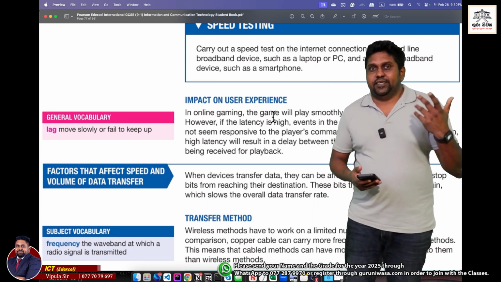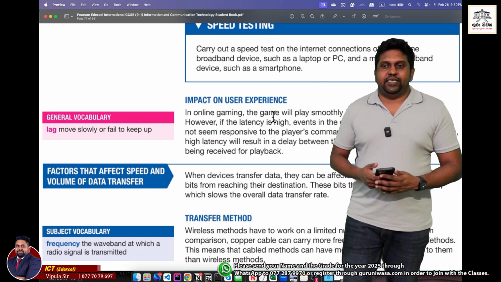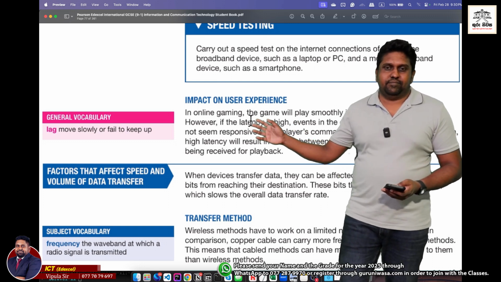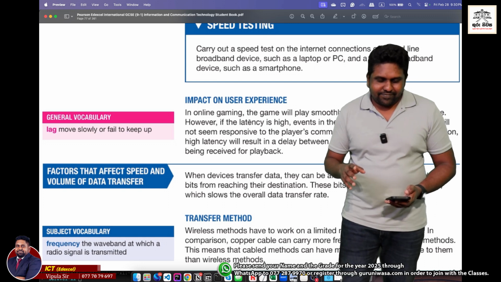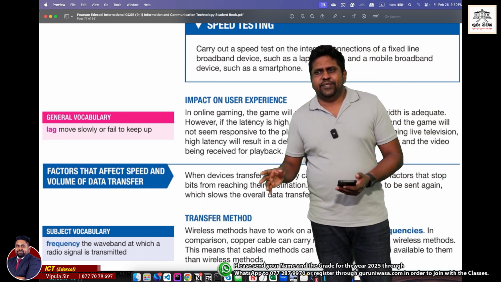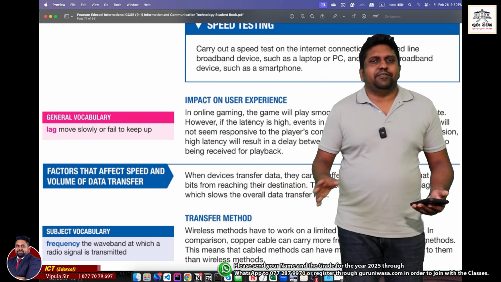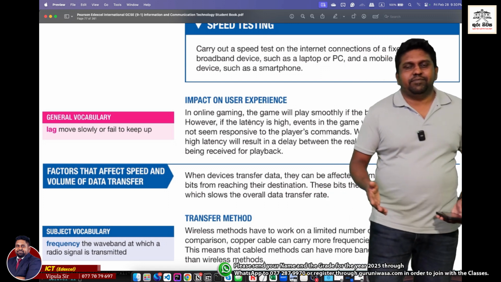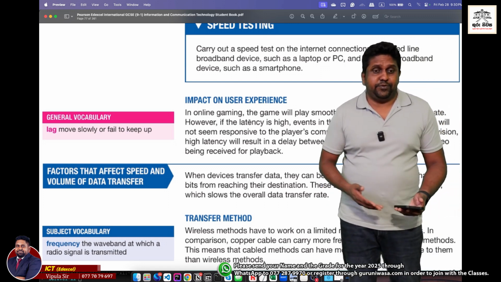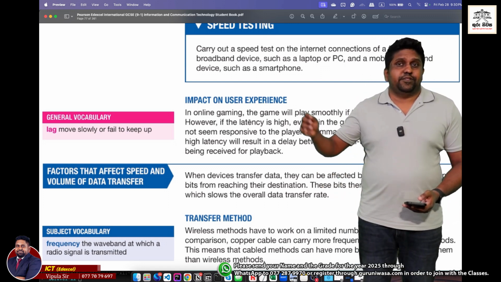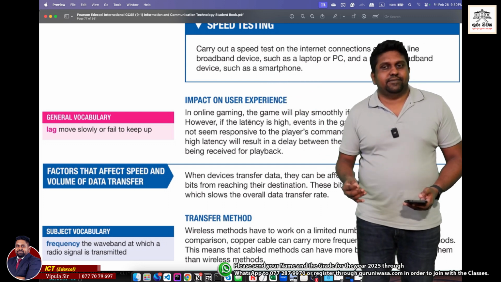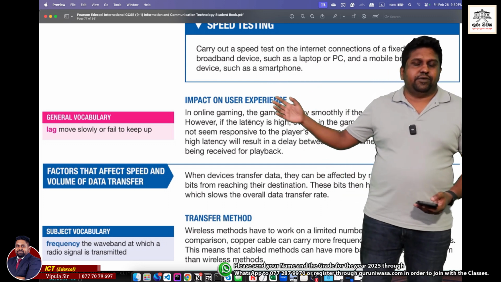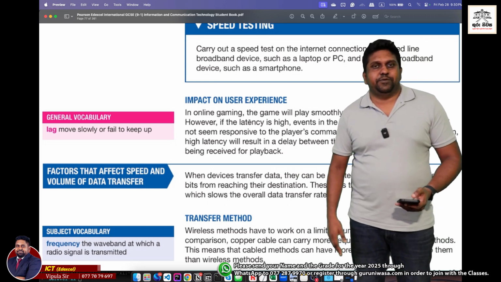But if it is online gaming, then lag is a very bad thing to happen. I hope everybody has played at least some sort of an online peer-to-peer game, where you play with other players. In that type of a game, if the game lags at least a couple of seconds, your whole experience will be ruined, right?